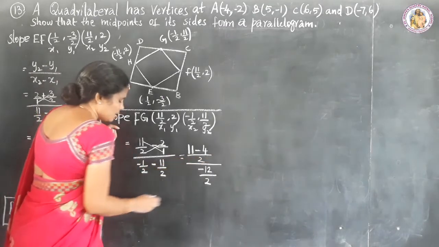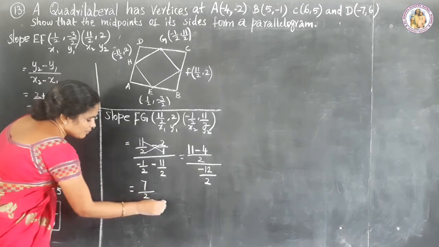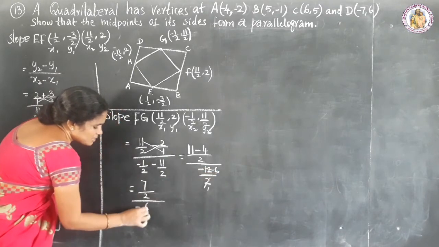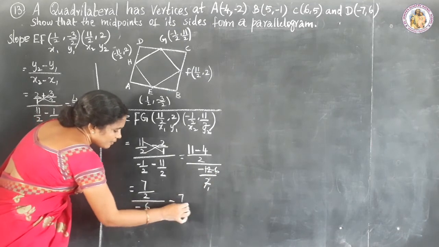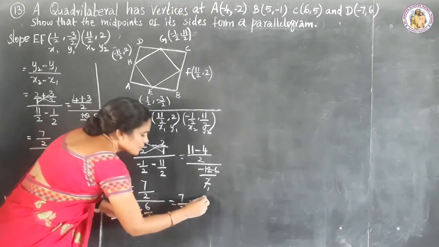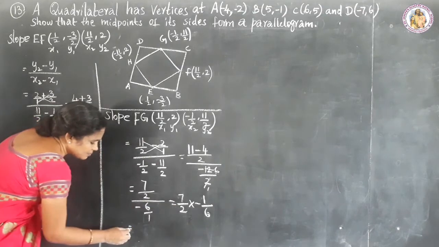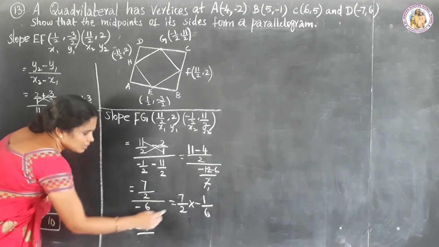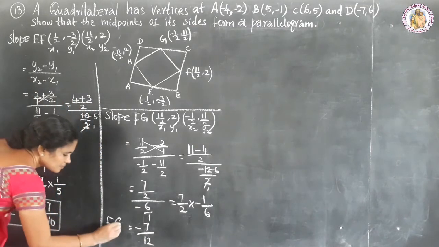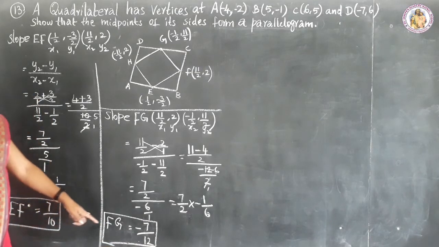Okay, now the next step, 11 minus 4 is 7, 7 by 2 divided by 2 ones are 2, 6 twos are 6, minus 6 by 1, is equal to 7 by 2 into minus 6 by 1, as 1 by 6. So 1 sevens are 7, minus, 1 sevens are 7 and 6 twos are 12. So slope of FG is minus 7 by 12.